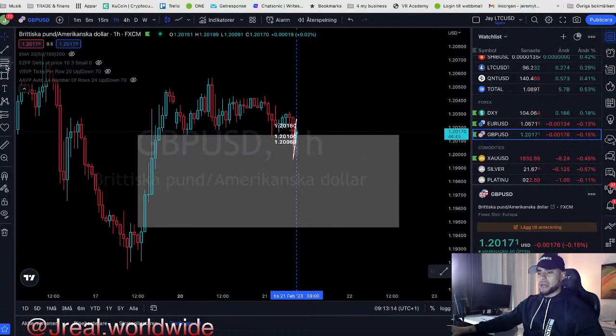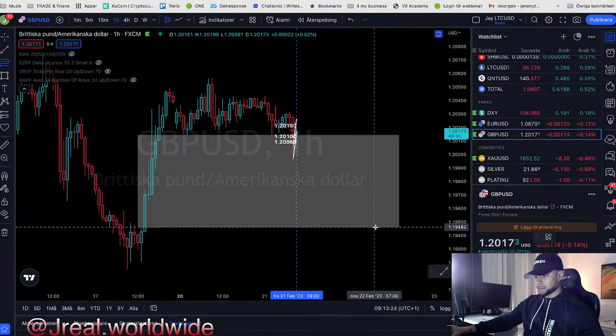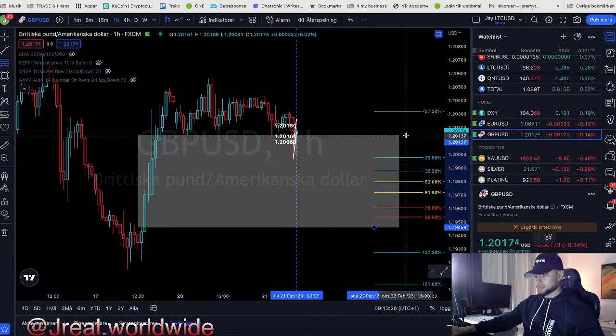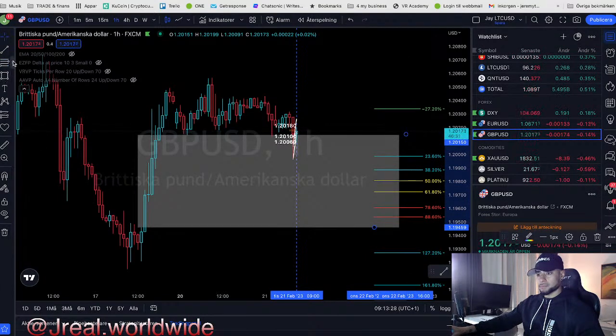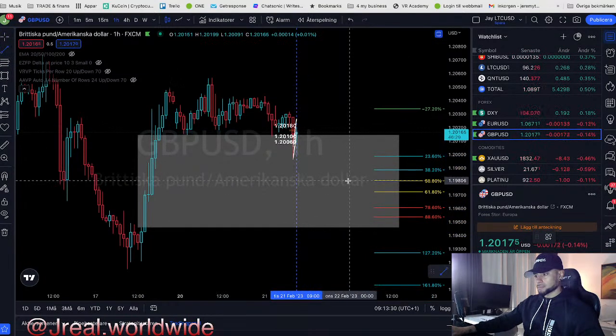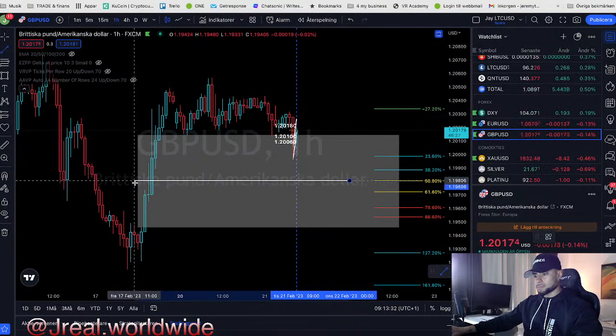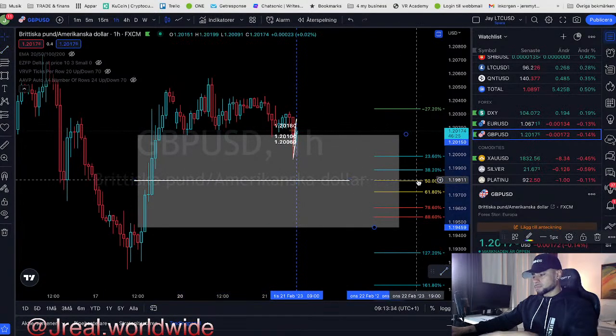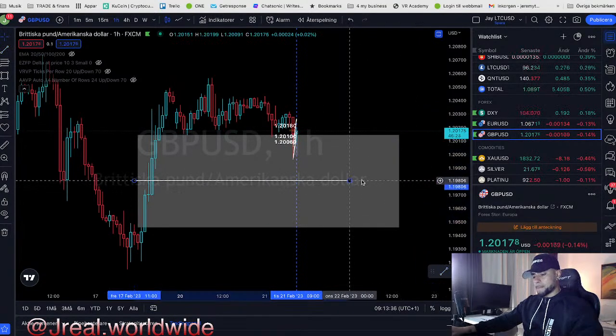And when it drops back to that zone, it normally drops back about 50% into this liquidity zone. So about 50% in. Where's 50%? Easy. So about here.